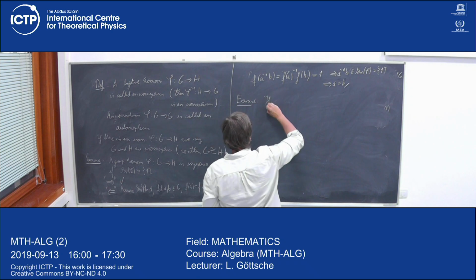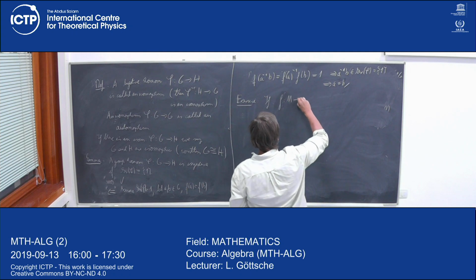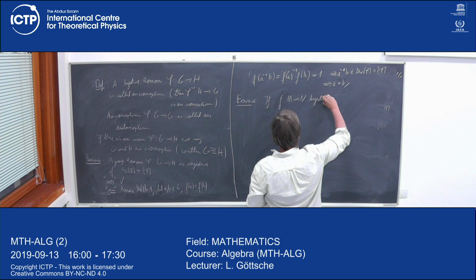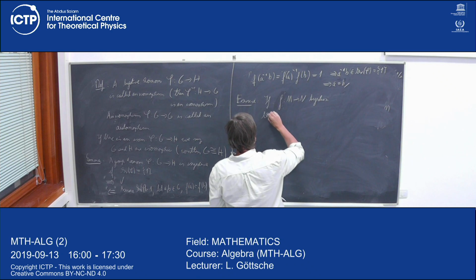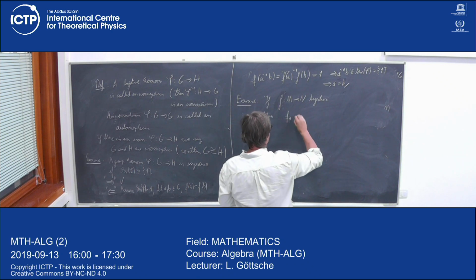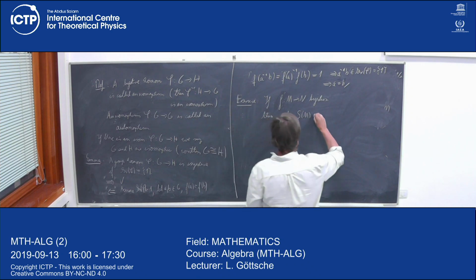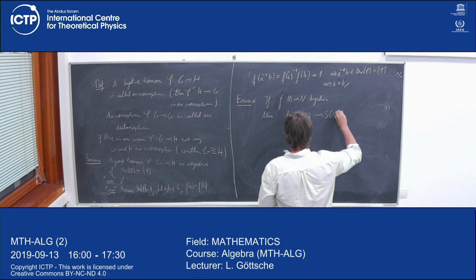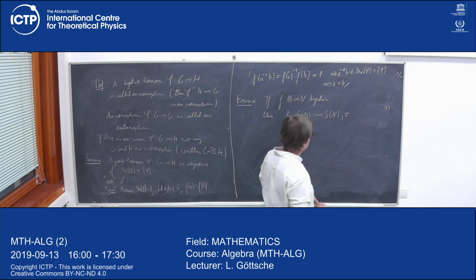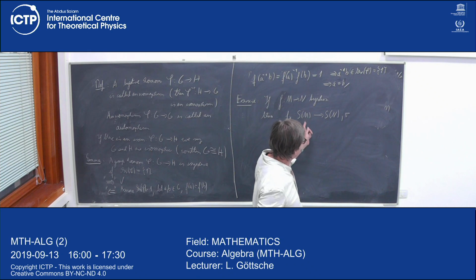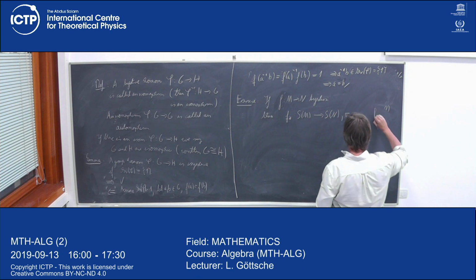If f from M to N is a bijection of sets, then the map, which I can call maybe f star, from the symmetric group, the group of permutations of M, to the group of permutations of N, which sends the permutation σ, the bijection of M to itself, to f composed with σ composed with f to the minus 1.